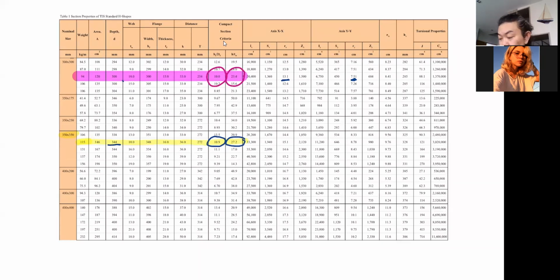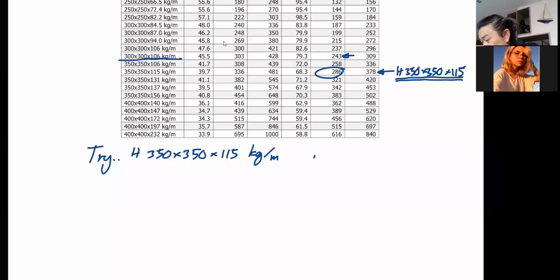When you do the calculation, you must use this actual number, okay? The nominal size is just the nominal, it's not the actual, okay? And the width of the flange is also 348. Keep that in mind. And we have the area of 146. So we now go back, we know that A gross is 146 square centimeter.